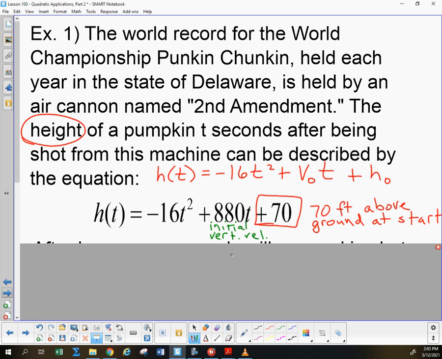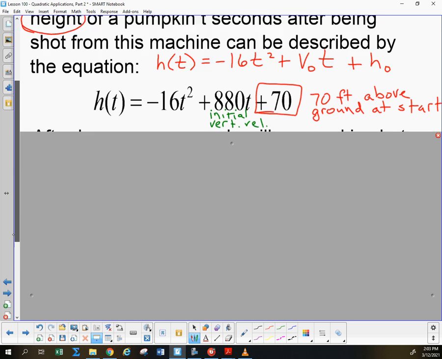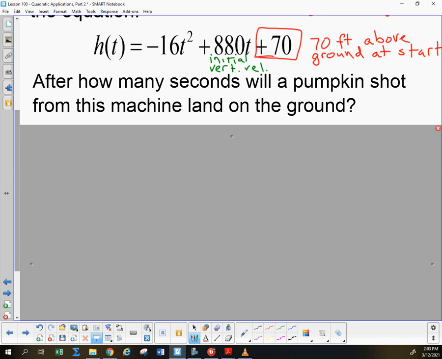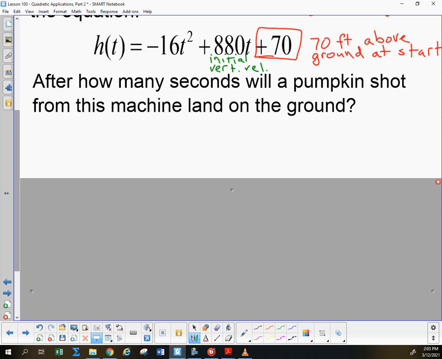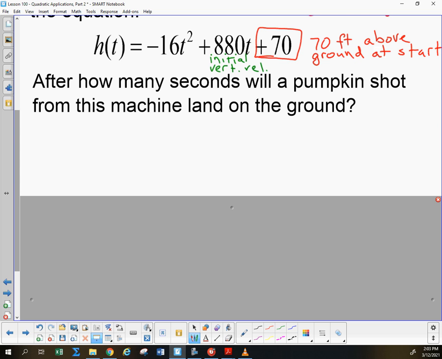So let's see what this problem wants us to figure out. After how many seconds will a pumpkin shot from this machine land on the ground? So let's think about what's going on here. I'm going to draw our graph, and when we know that initial velocity, I expect you to label that on your graph.